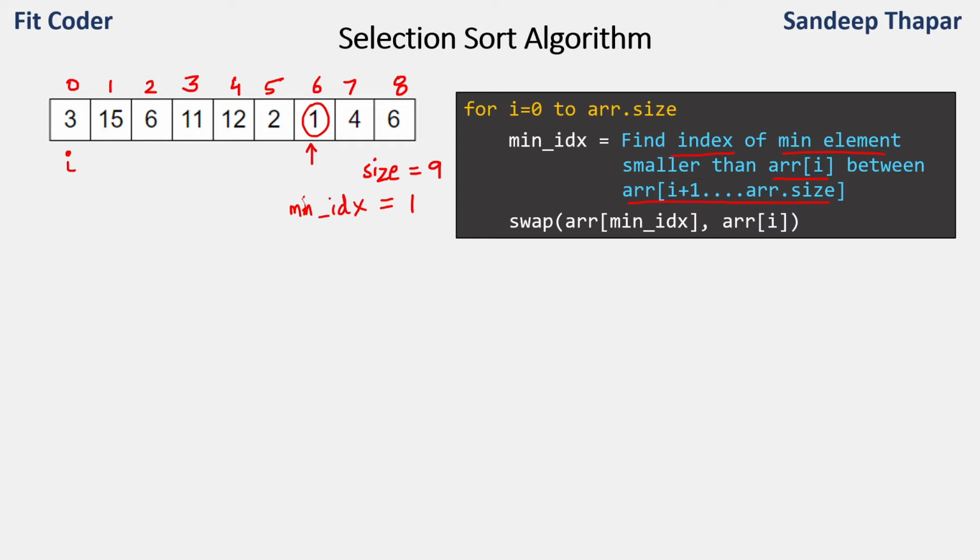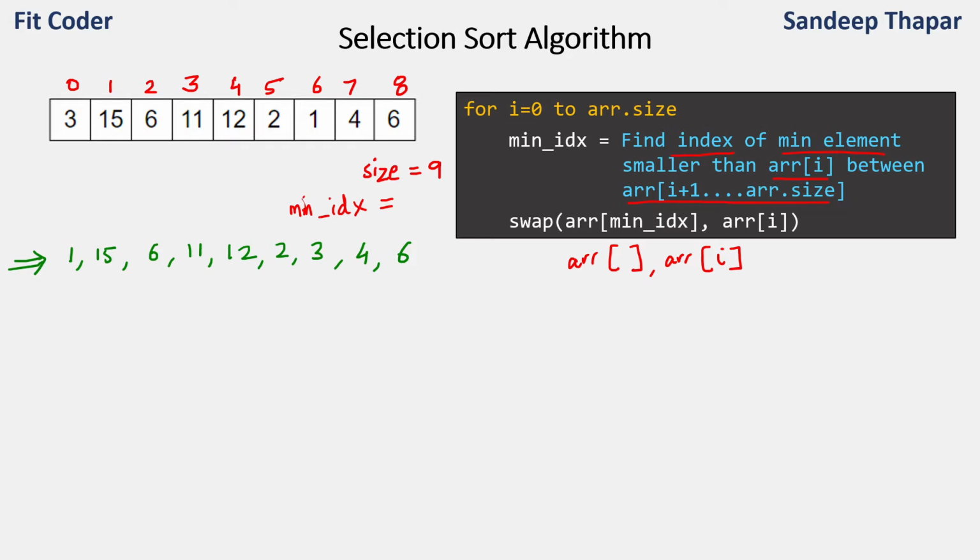Now we'll swap array of minimum index, which means array of 6, with array of I. If we swap this 3 and 1, after the first iteration this will be our array. Now in the second iteration, I becomes equal to 1.